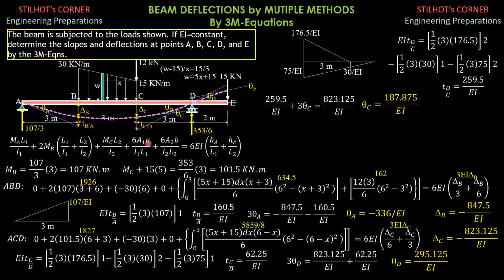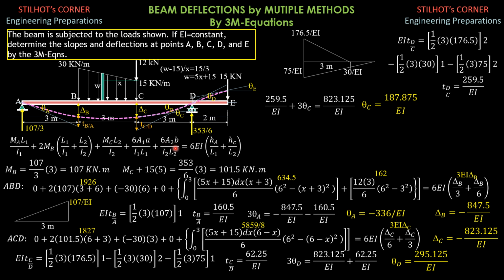Area 1A is the moment of area in portion AB with respect to A, and 6 area 2B over I2 L2, when area 2B is the area between B and C.